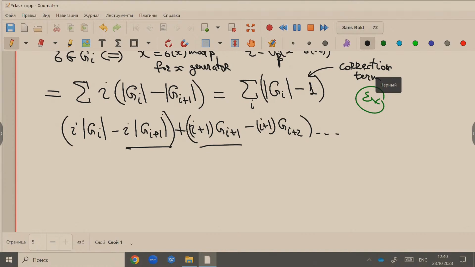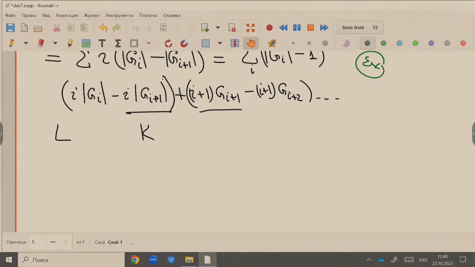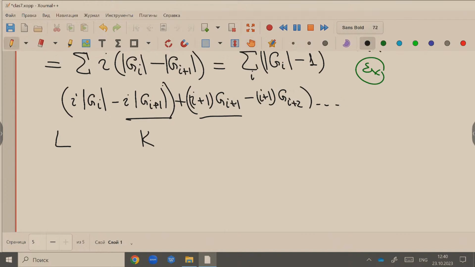When you have this extension, we have the Galois group of L over K.